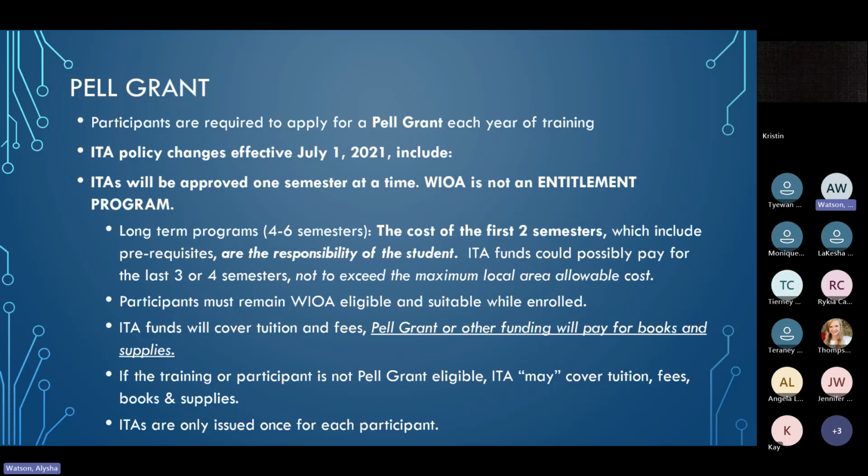So if they receive training, say they want to do CNA, and then they come back and say, oh, well, now I want to go into nursing, we can only fund it one time. So we want to make sure that they have that knowledge, that they pick the program that best suits them, because if you try for this funding, you can only be funded one time.